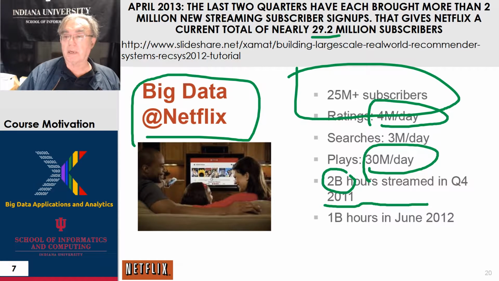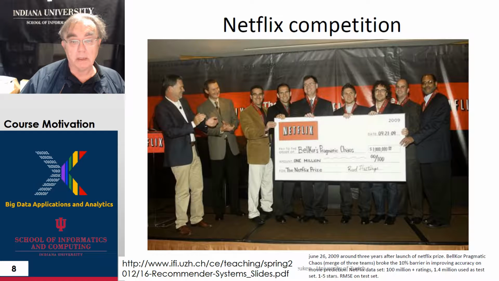It's actually 29.2 million subscribers in April 2013. Netflix keeps growing, and it's one of the success stories of the internet and the companies created to exploit the internet. By the way, Netflix does all its computing on Amazon. All Netflix is hosted on Amazon.